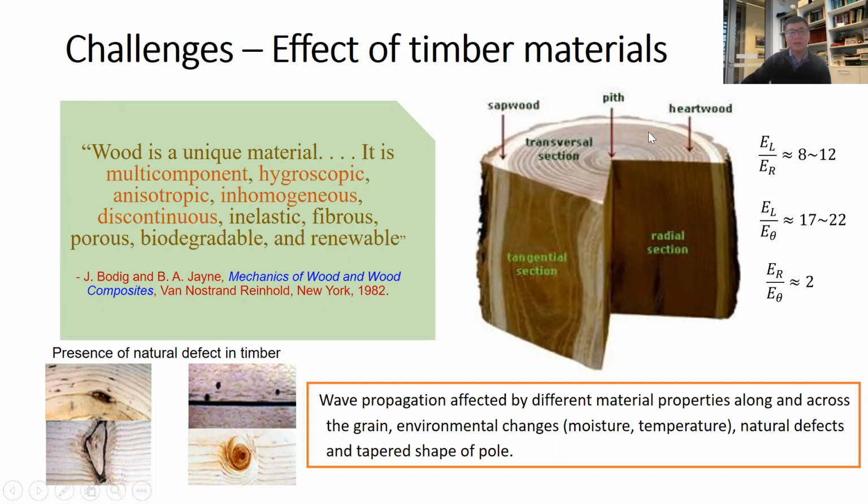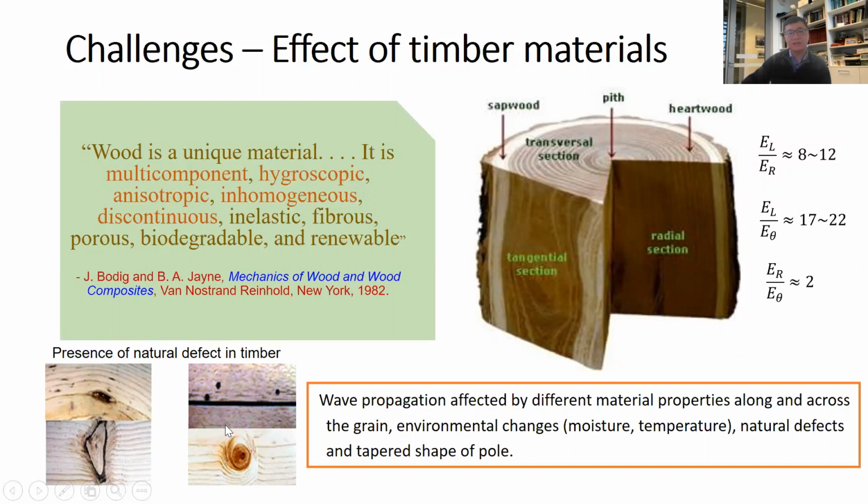If you look at different directions, even at Young's modulus in the fiber direction or in the tangential direction, they are up to 22 times different. Not to mention we have natural defects, as you can see.